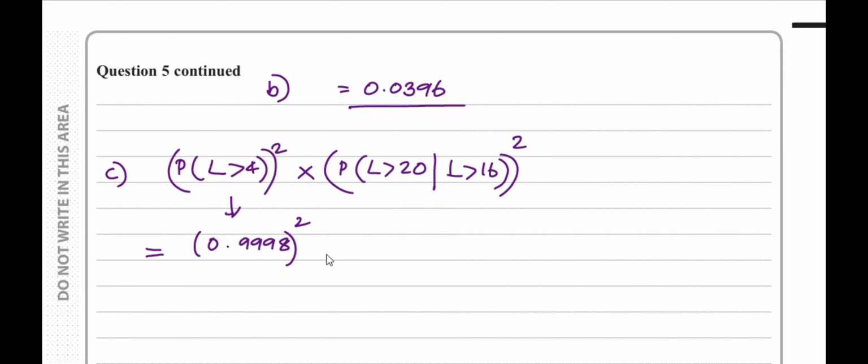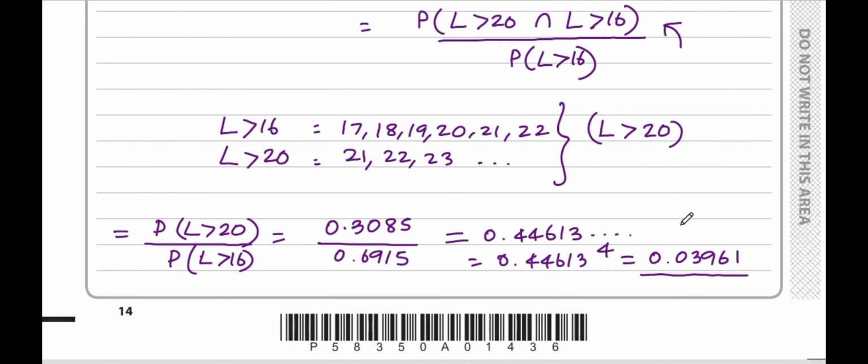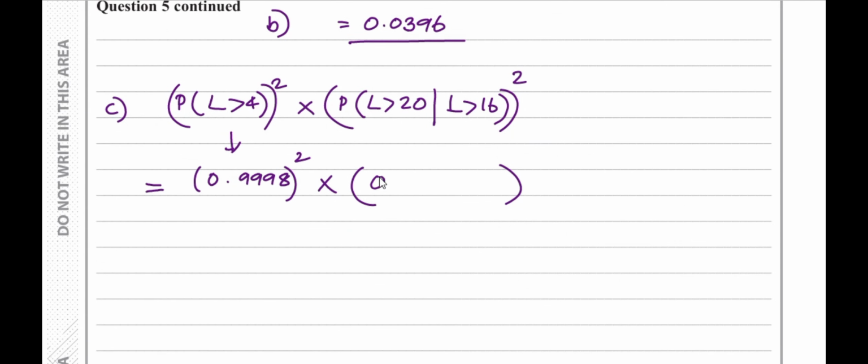So 0.9998 squared, times the probability we have already calculated earlier, that is, lasting for more than 20 hours given that it has already lasted for 16 hours for one battery, which is 0.44613, and this has also to be squared. So this works out to 0.19895.